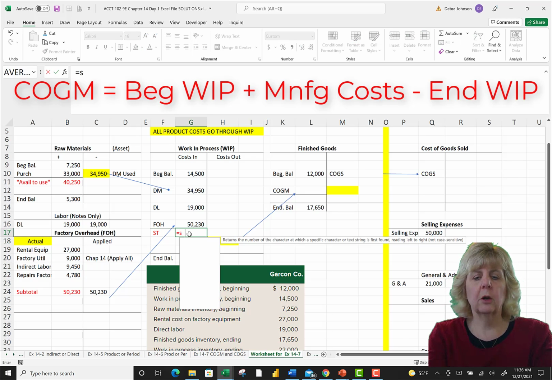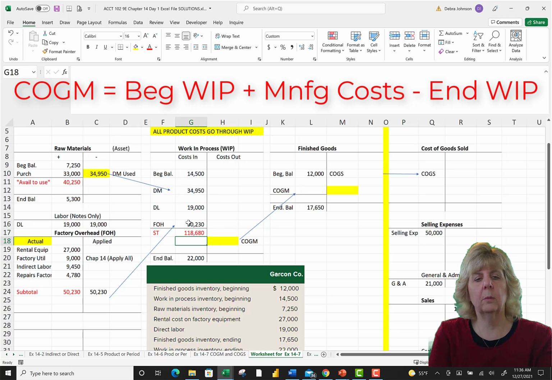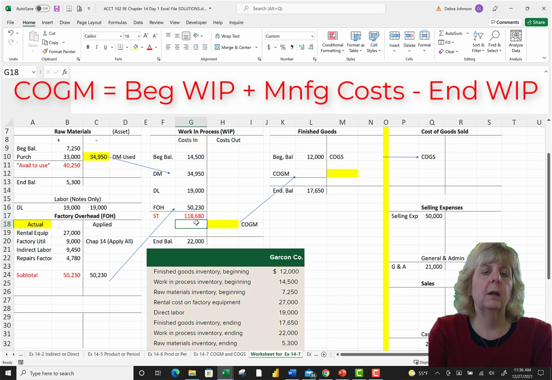So using your calculator or using Excel, go ahead and sum up from the top to the bottom. I came up with 108,680. That's all the cost that went through the factory during this given period of time. What we're after is what was the cost of goods manufactured.